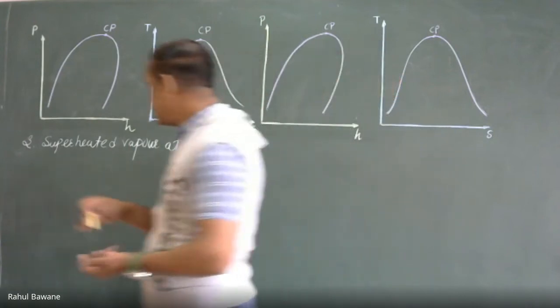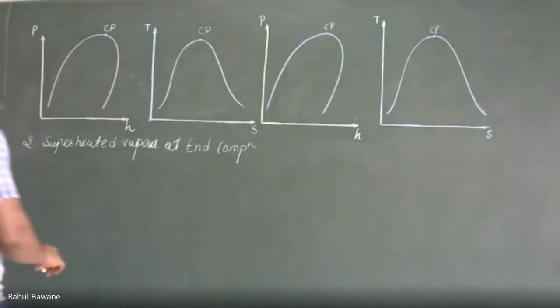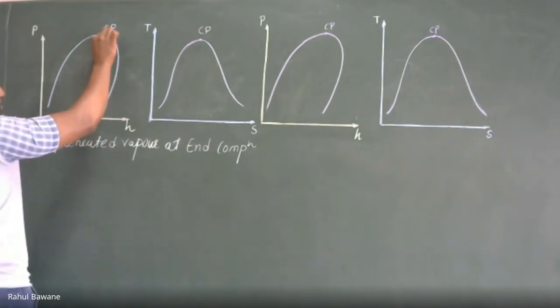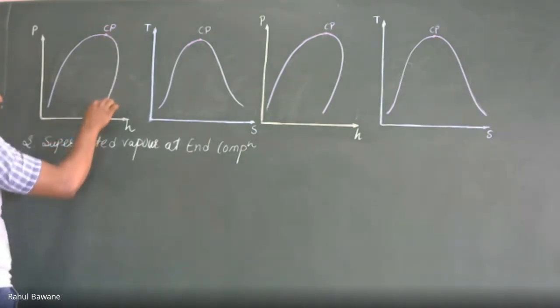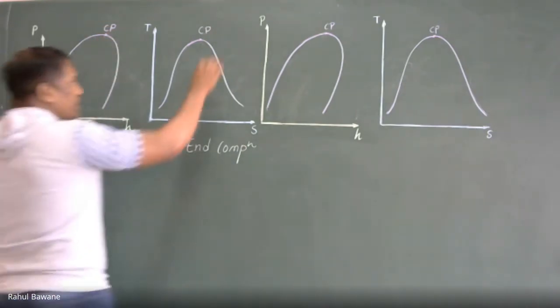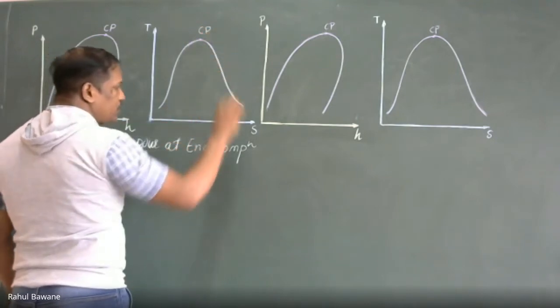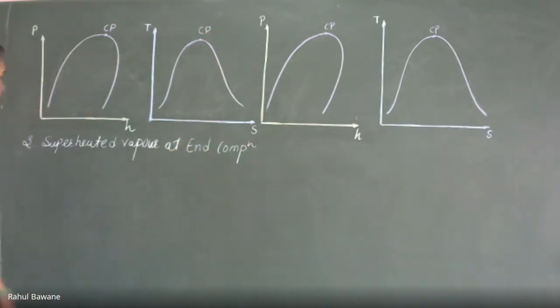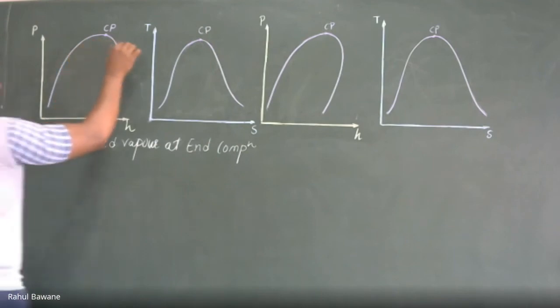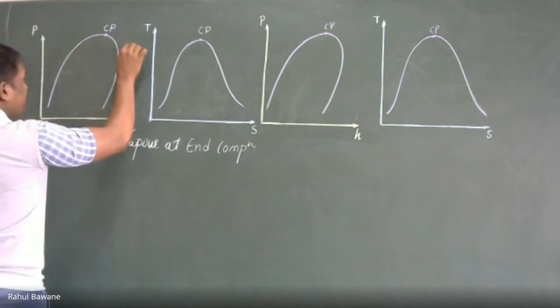In that case, the vapor does not lie on the dry saturated vapor curve on the TS diagram; it will be in the superheated zone.